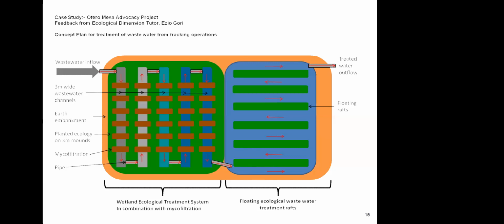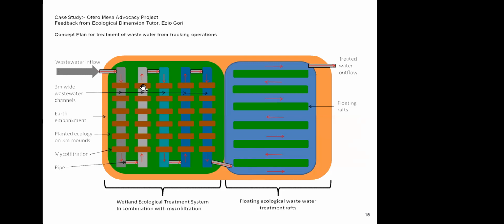And the student came up with an idea of how can we clean that. He wasn't an ecologist, but I just gave him this guideline. I thought, imagine if we could create a wet system where you've got all the fracking wastewater which meanders.